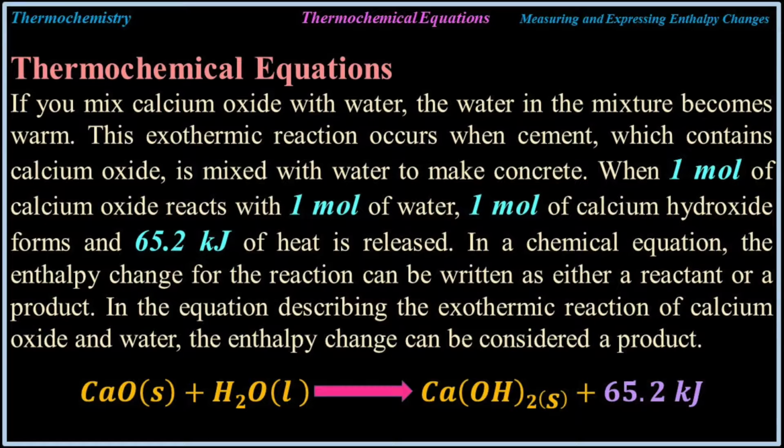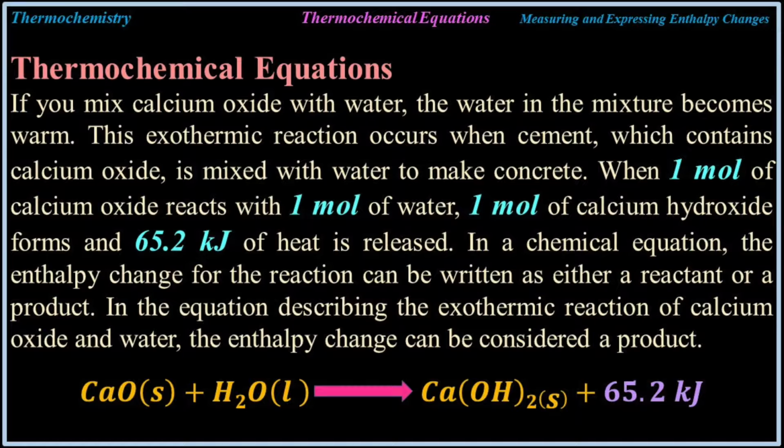In a chemical equation, the enthalpy change for the reaction can be written as either a reactant or a product. In the equation describing the exothermic reaction of calcium oxide and water, the enthalpy change can be considered a product.